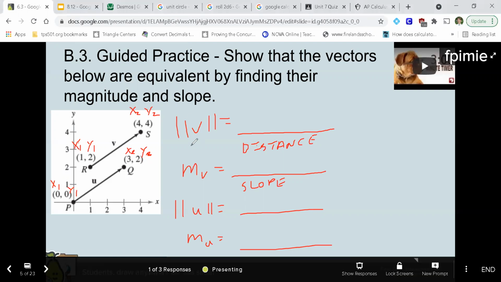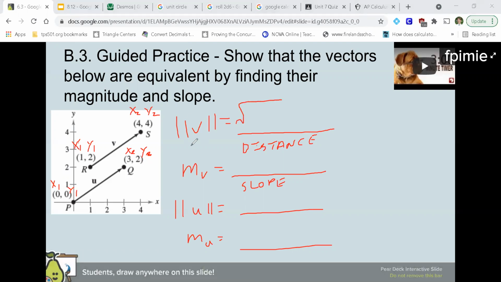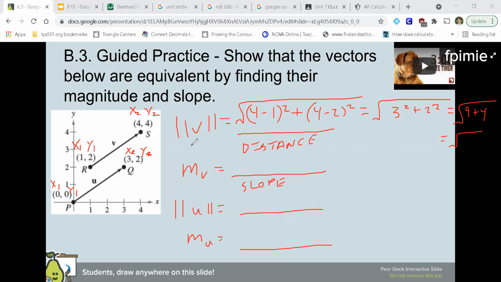So I'll go ahead and do the first one for us. If you plug this into the distance formula, you should have (4 minus 1) squared plus (4 minus 2) squared, which is 3 squared plus 2 squared, which is 9 plus 4, which is the square root of 13.